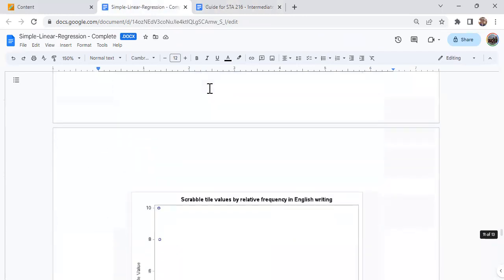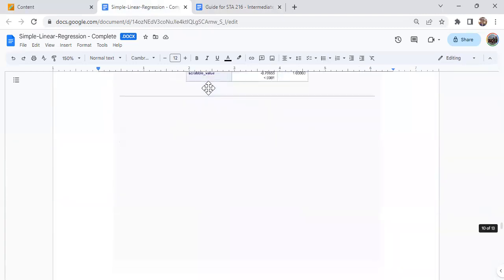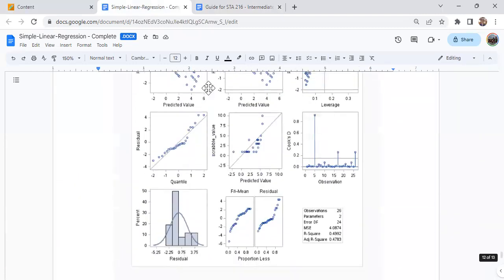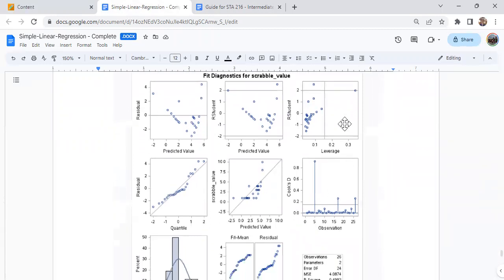Looking at the diagnostic plots, if we go to the SAS output, we get the same 3x3 grid of diagnostic plots that we've seen previously. In the top right, we have our studentized residuals.